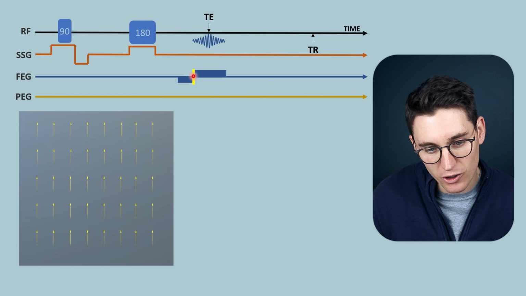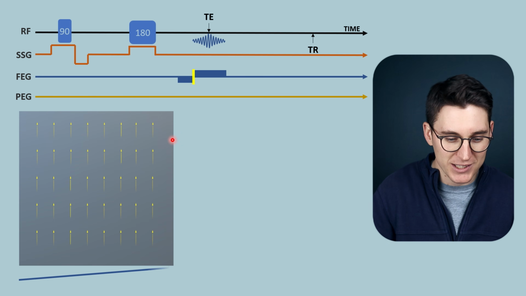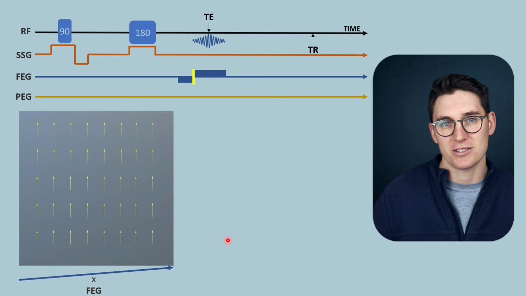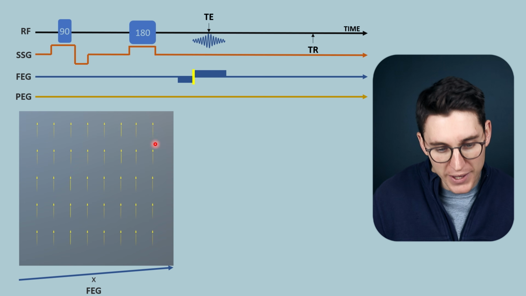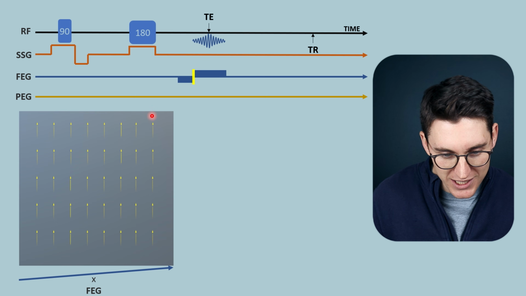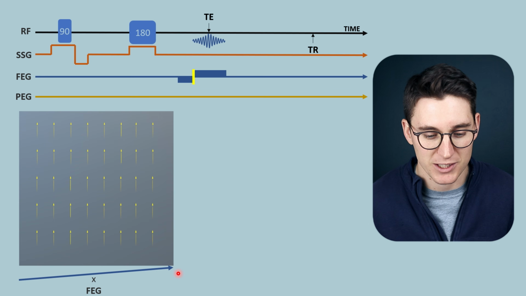During the frequency encoding gradient where we acquire our data signal, a frequency encoding gradient is going to be applied along the x-axis of our slice. That is going to introduce frequency differences based on the net magnetization vector's location along the x-axis. These spins are going to precess faster than these spins because of the local magnetic field that they're experiencing.